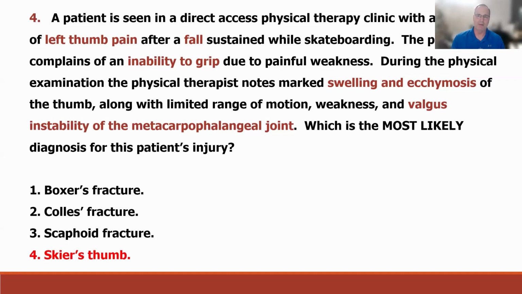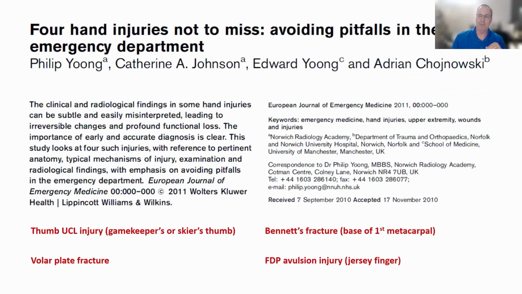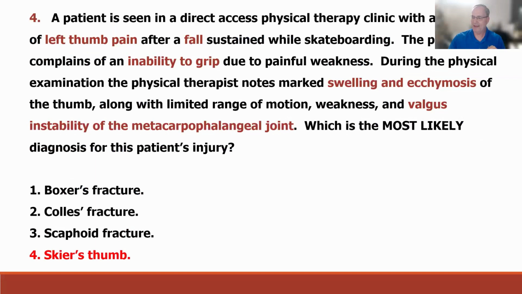We think this is how it got its name: back in the days when there was a gamekeeper, maybe in Europe or somewhere in England, the person taking care of the game or the fowl would get a hold of the duck's neck or the chicken's neck or whatever the case may be, and they would break it before preparing it for a meal, and they would get their thumb caught in that action.